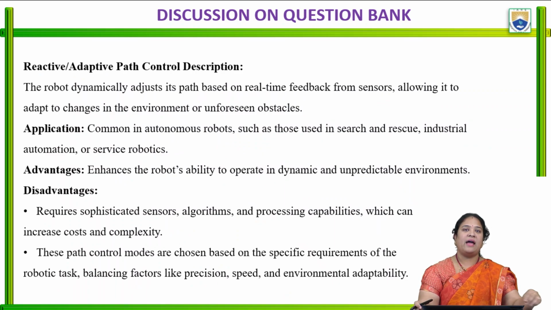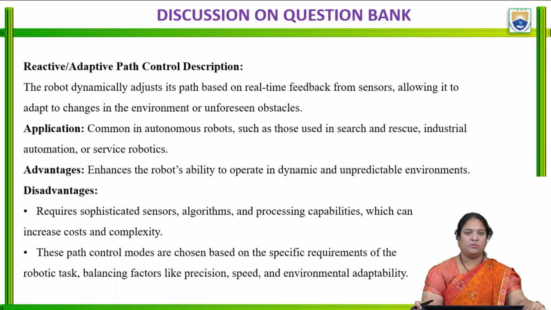Next is the reactive and adaptive path control system. What do we mean by reactive and adaptive path control system? The robot which is adjusting its path based on real-time feedback from sensors, allowing it to adapt to changes in the environment or unforeseen obstacles, is known as the reactive or adaptive path control system.